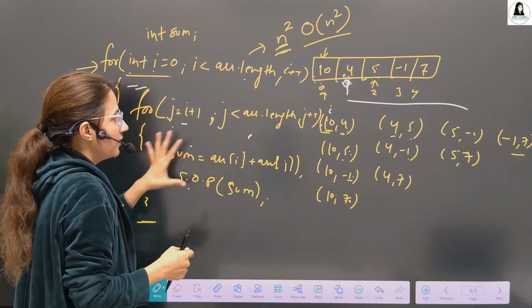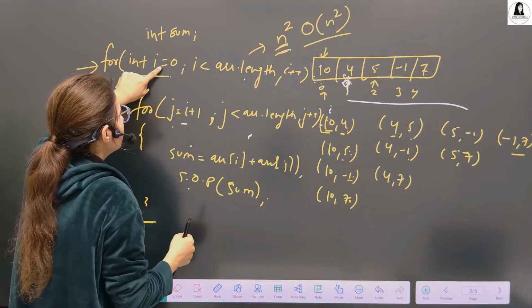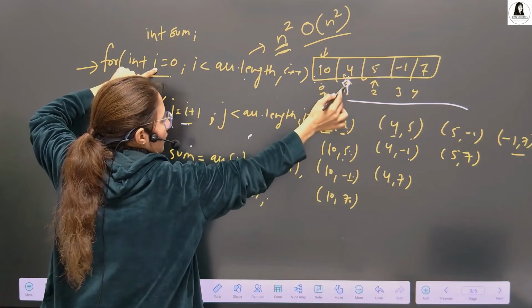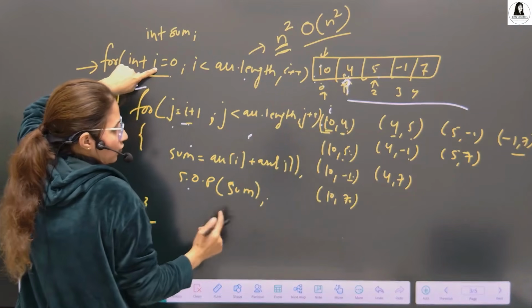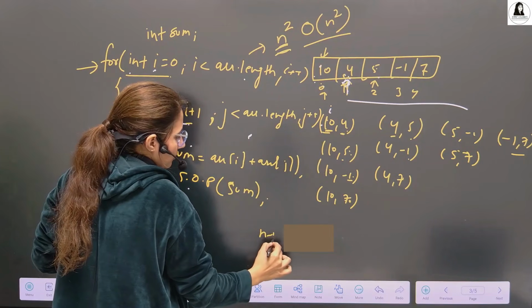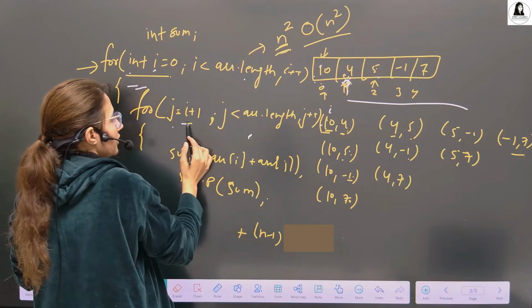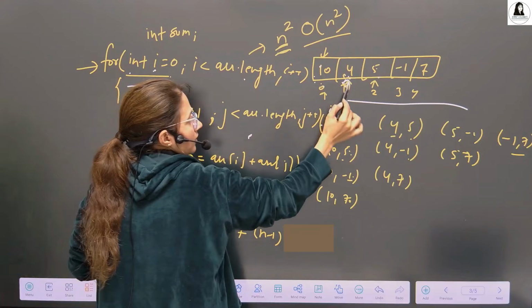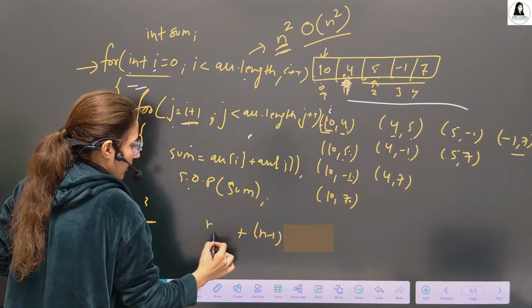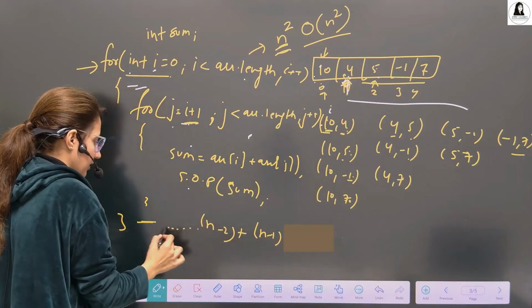How many times would these statements be executed? At first i is 0 and j starts at i plus 1, so 4 times, or you can say n minus 1. Then n minus 2, like this till 1.